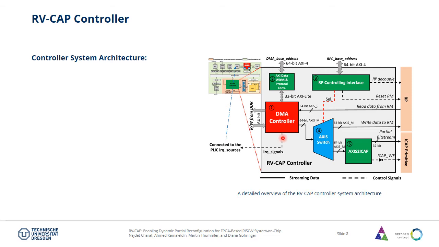The controller consists of 5 main components. The DMA controller, which is for transferring to and from the DDR; the access stream switch, which is for selecting between two modes: the reconfiguration mode, which allows us to reconfigure the target RP by loading the partial bitstream from the DDR to this target RP, or the second mode, the acceleration mode, where we can transfer the data from the DDR to the target RM.